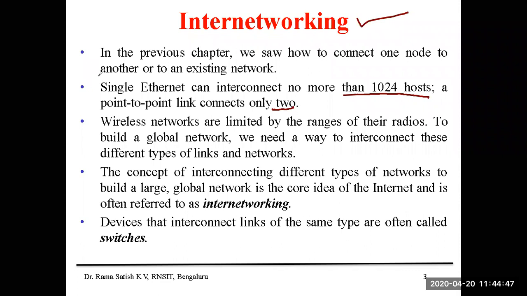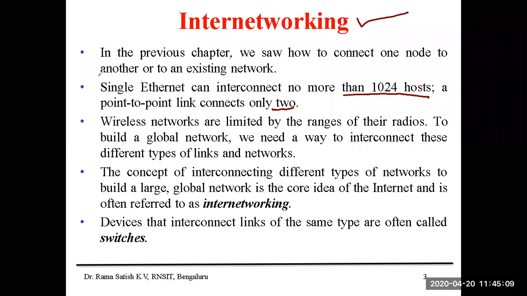Similarly, wireless networks are also limited in their range. Through a mobile phone hotspot, I think you can connect up to 8 devices, and with Wi-Fi systems about 32 or 48 devices. So there is a limitation.